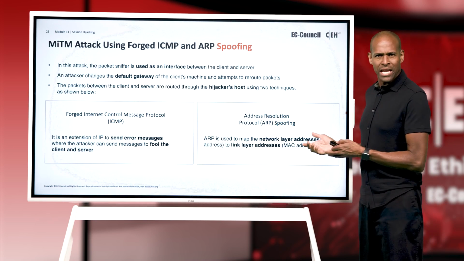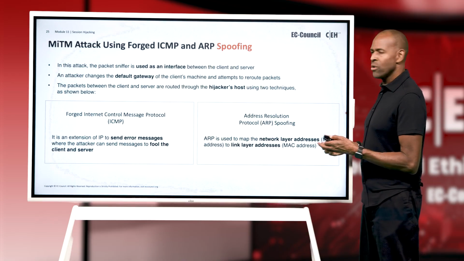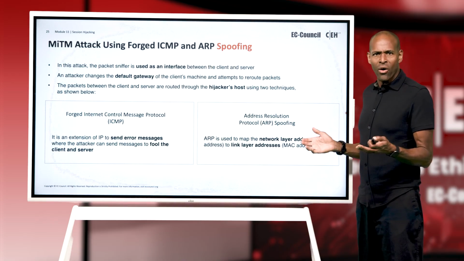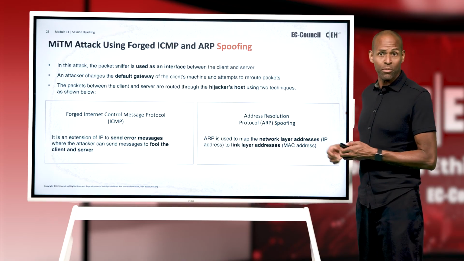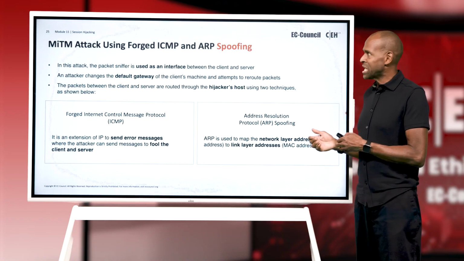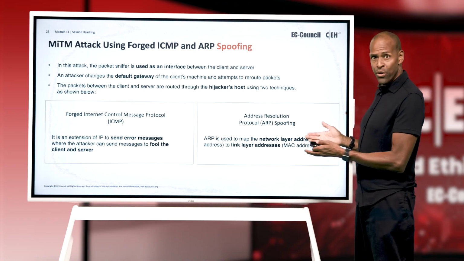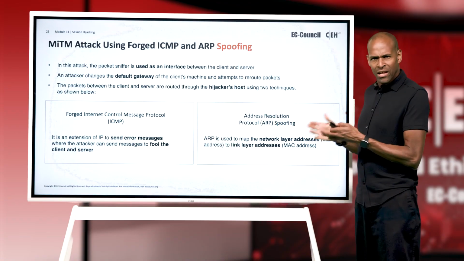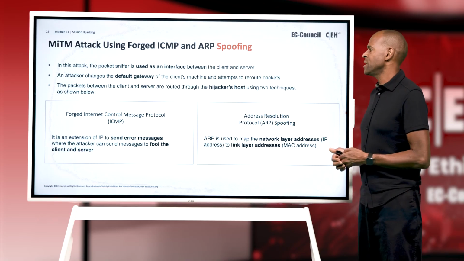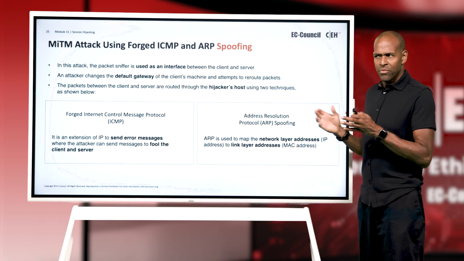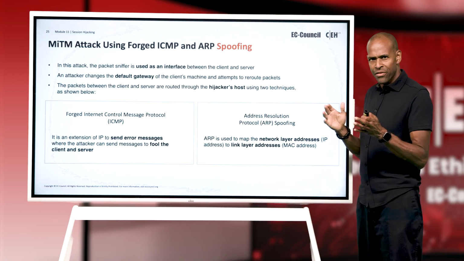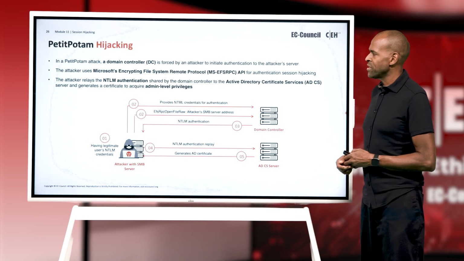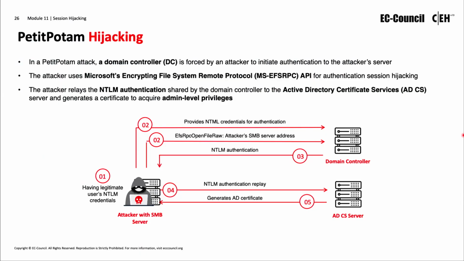This is going to be at the network layer, and we're going to change how ARP responds. We already saw this before in a previous module, and we're going to see it again. Both of these can be spoofed and used to get in the middle of that conversation and hijack the path between those two machines.